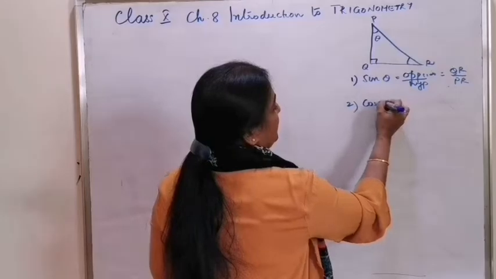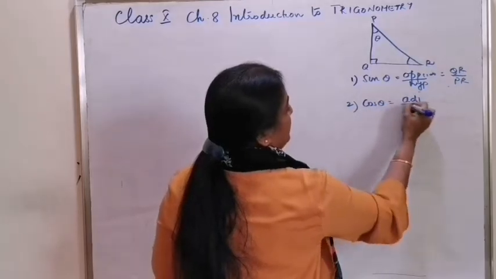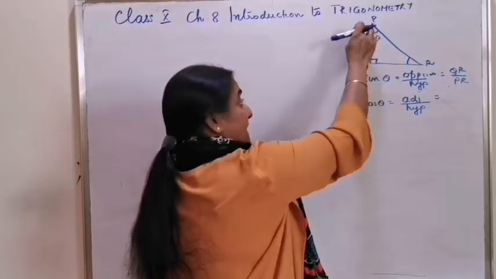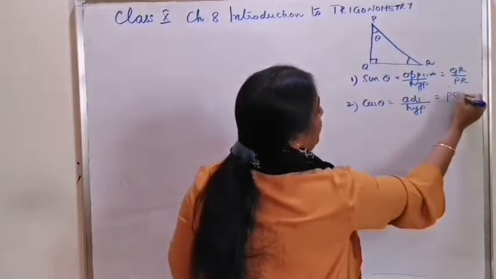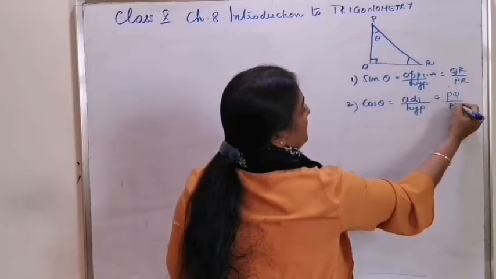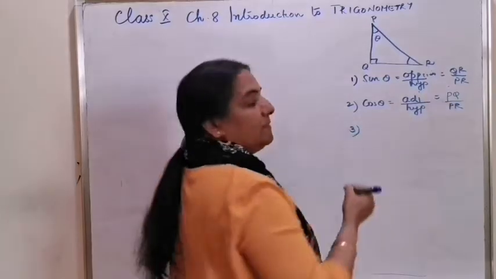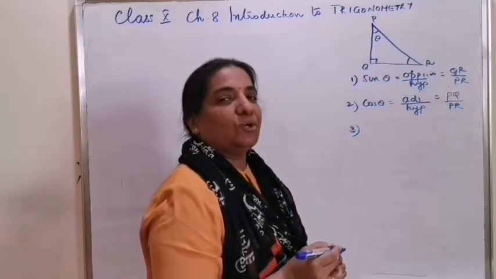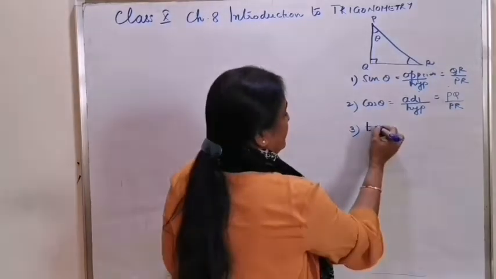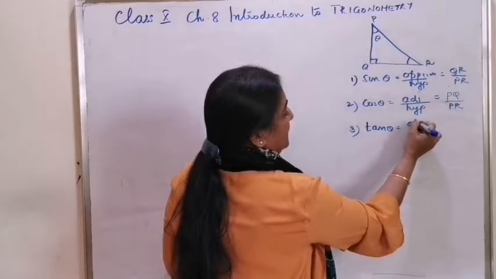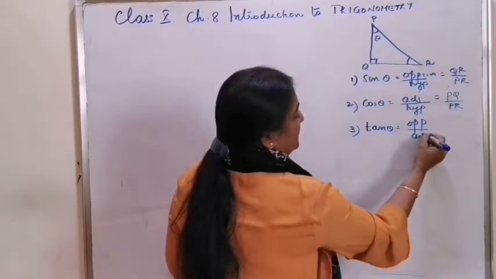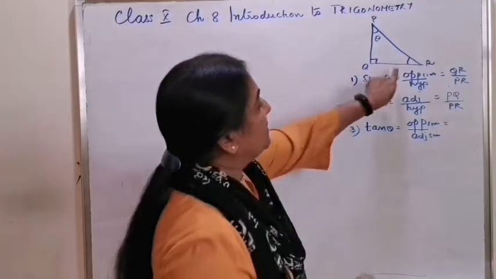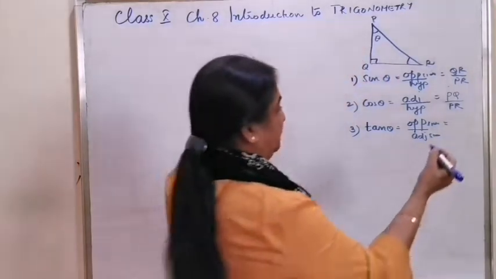So cos theta is the same as adjacent side by hypotenuse for this particular angle. Adjacent side is PQ and the hypotenuse is PR. The third trigonometric ratio is tangent theta, or tan theta. Tan theta is the same as opposite by adjacent side, or it is the ratio QR by PQ.